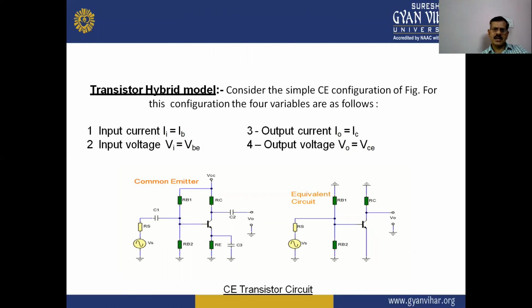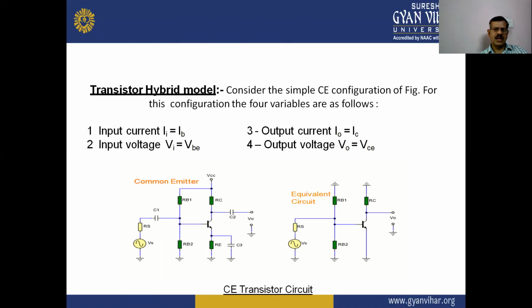Next, the transistor hybrid model. Consider the simple common emitter configuration in this figure. For this configuration, the four variables are as follows.